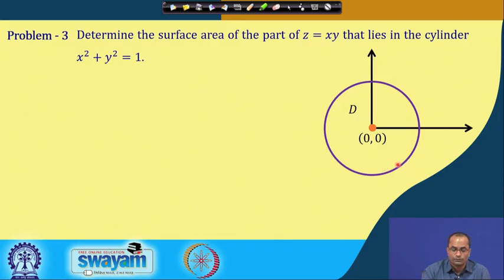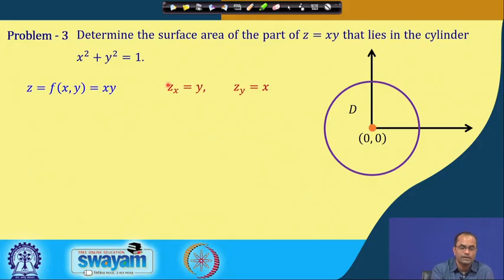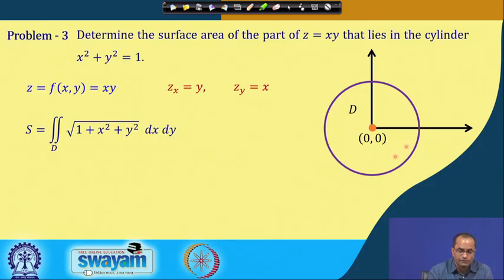So, that will be the projection here, and from z equal to xy we can get the partial derivative with respect to x and the partial derivative with respect to y, which are required in the formula for the computation. So, over this domain D, we have the square root of 1 plus z x square plus z y square.